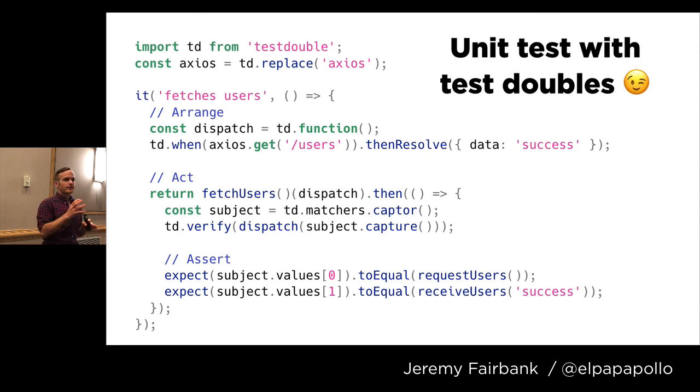So you want to mock out all of your dependencies as much as possible, whether that's the API call or even the dispatch function. And then if we use a spy for dispatch, I can verify that this Thunk, when it made an HTTP request, dispatched certain actions, like it requested the users and eventually it received the users. So unit tests are really nice here, especially with test doubles.